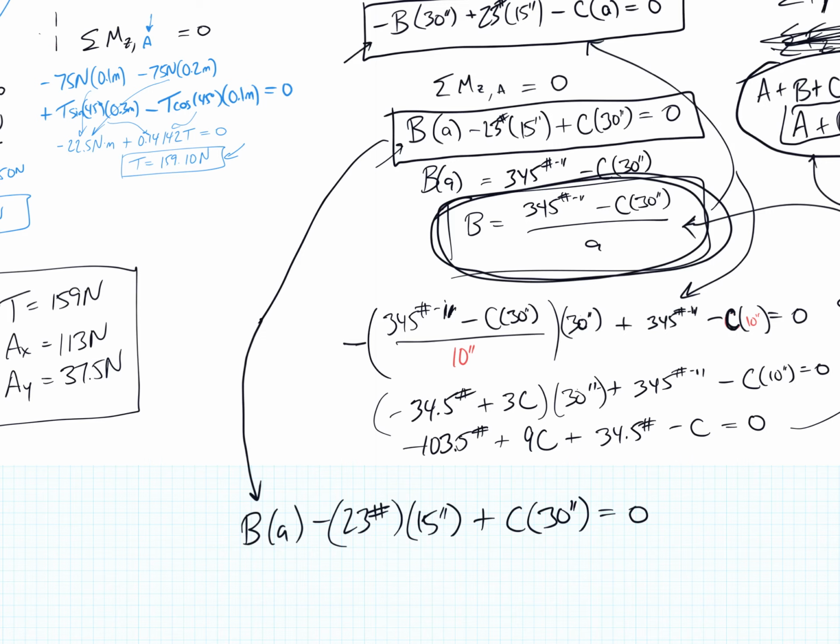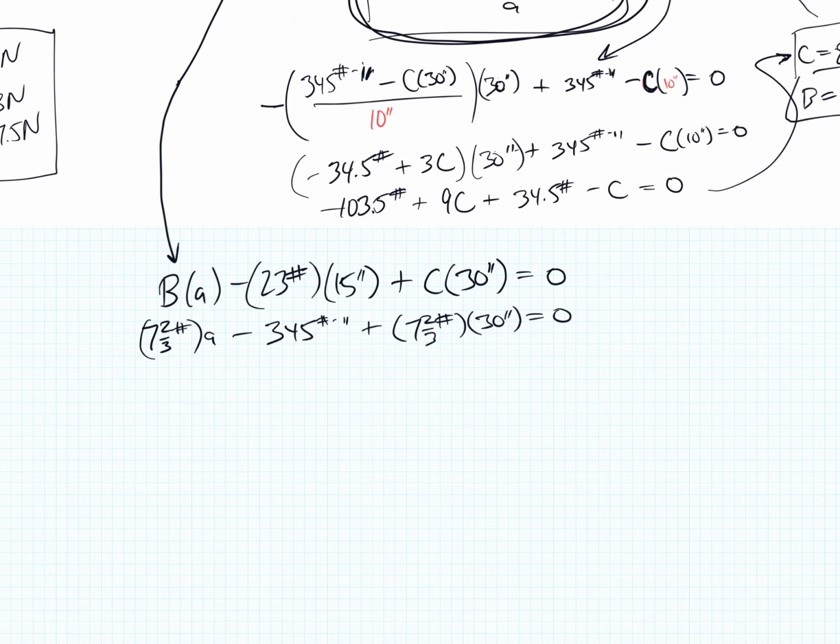Okay, B is going to be 7 2/3 pounds times A minus 23 times 15, which we decided was 345 pound inches, plus C, which I know is 7 2/3 pounds times 30 inches equals 0.